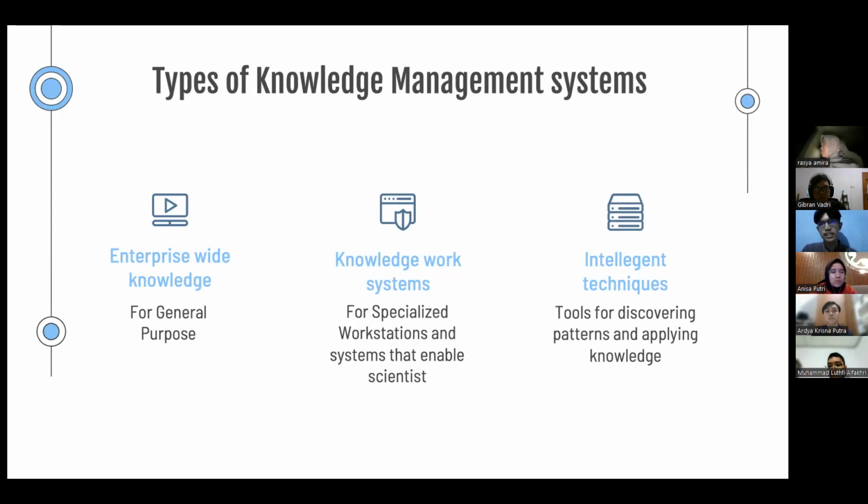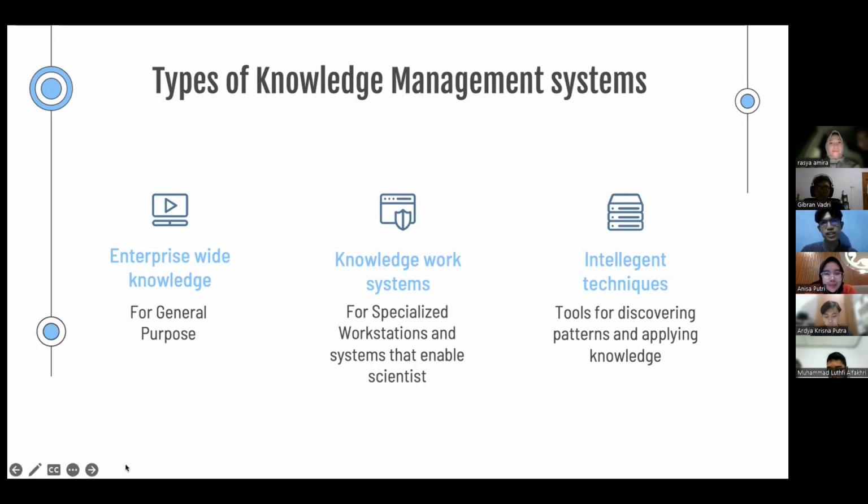The second one is knowledge work systems. These are specialized workstations and systems that enable scientists, engineers, and other knowledge workers to create and discover new knowledge, like computer-aided design or CAD and virtual reality.